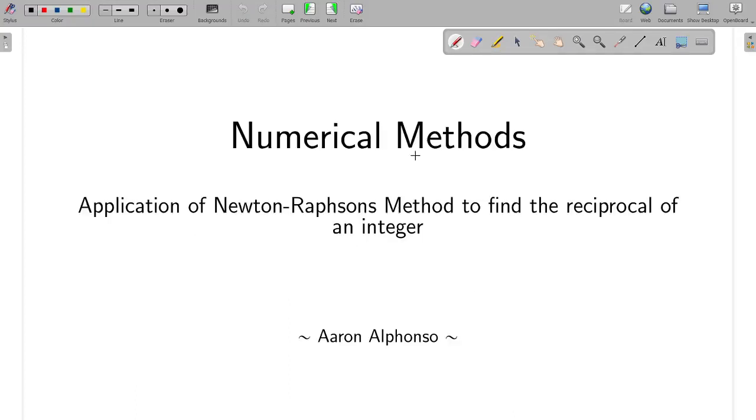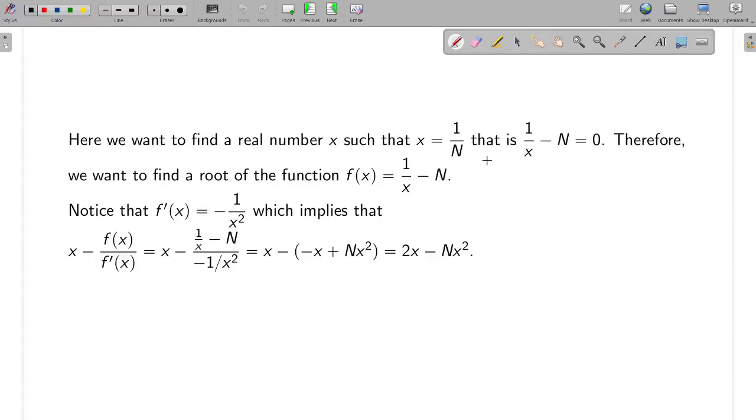Okay, we can also use the Newton-Raphson method to find the reciprocal of an integer. And we are going to do it in such a way that we actually do no division. That's important.